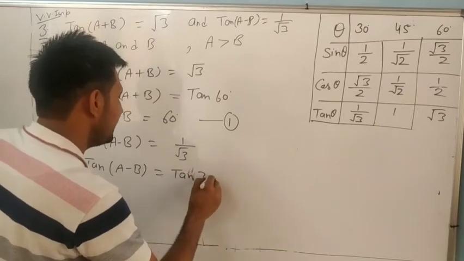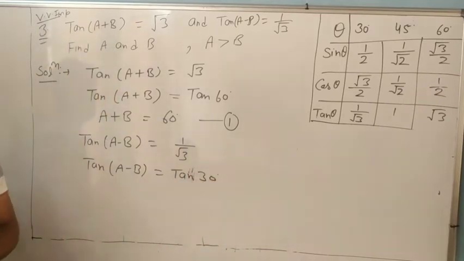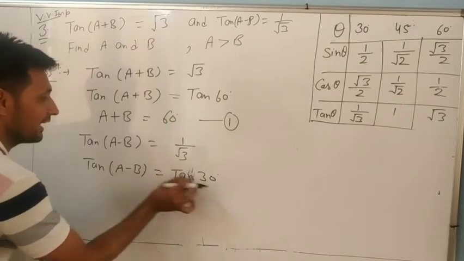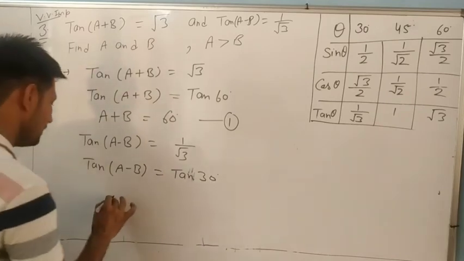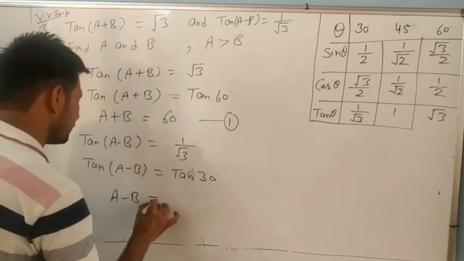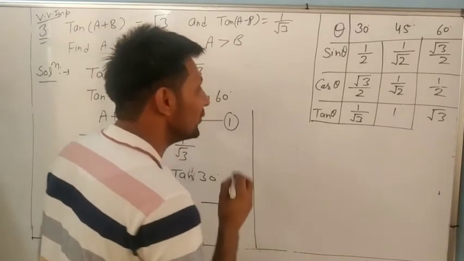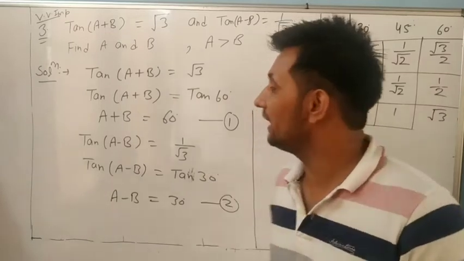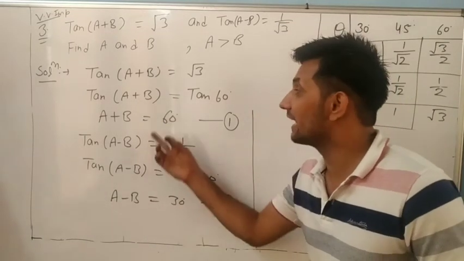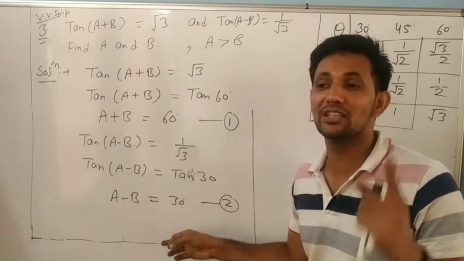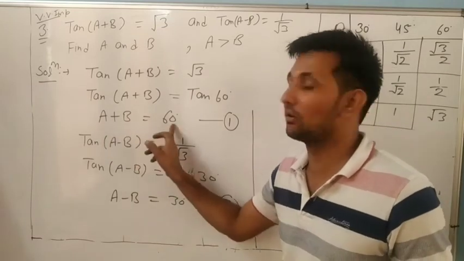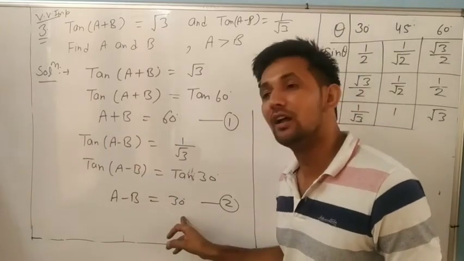So it means this angle and this angle are both equal. So a minus b equal to 30 degree. Equation number 2. And we want to find a and b. It is like equations in two variables from the third chapter. X plus y equal to 60. X minus y equal to 30.